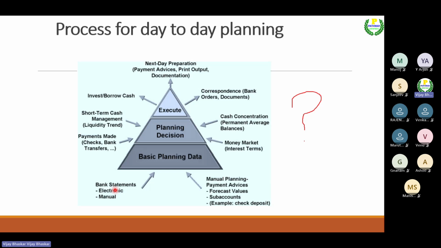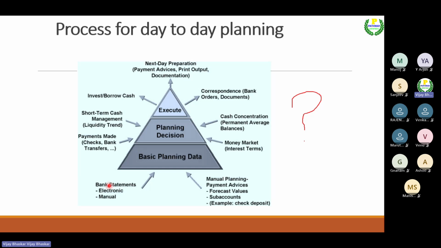For that, there are a number of steps to be configured, which we can see. Before processing, let's say we have already initiated the payments to the vendors. But before processing those payments at the bank end, we must do the planning.